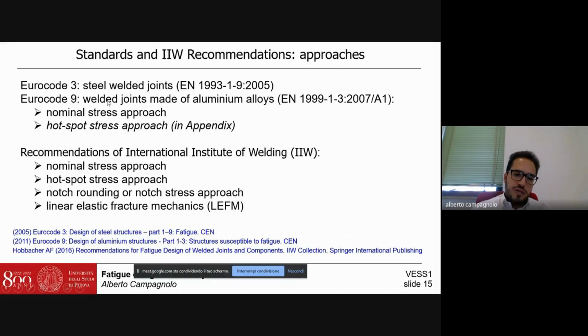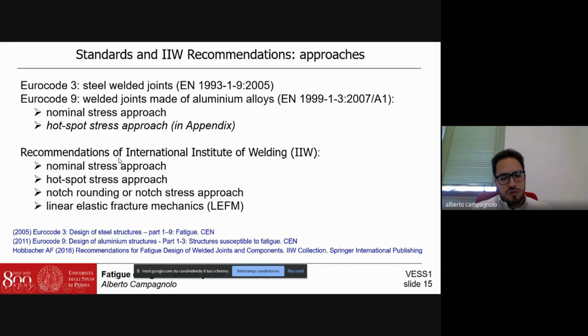The first one is the nominal stress approach, and the second one is the Hotspot stress approach, which is present only in the appendix of these 2 standards. On the other hand, the recommendation of IIW suggests all the previously presented approaches: the nominal, the Hotspot, the notch rounding or notch stress approach, and also the linear elastic fracture mechanics approach.